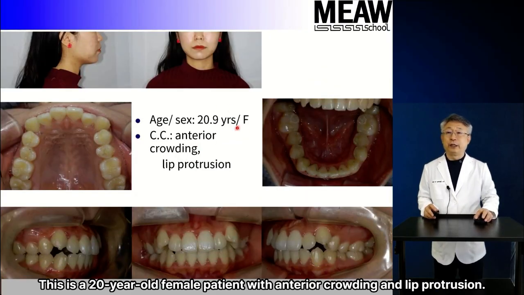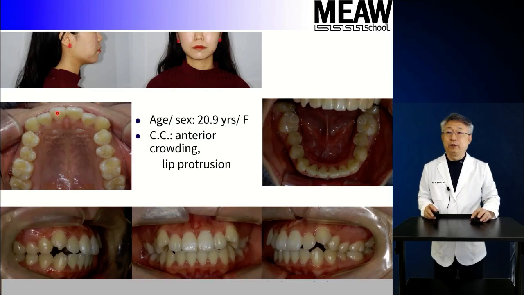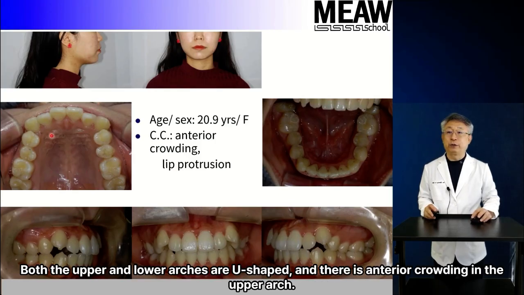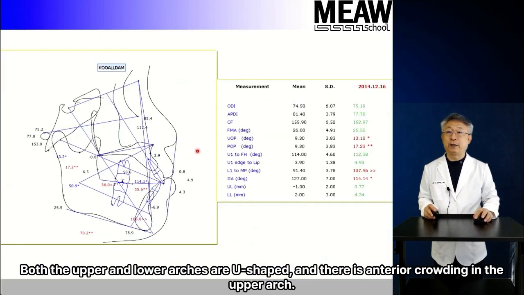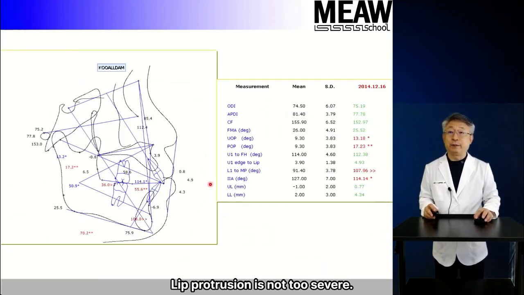This is a 20-year-old female patient with anterior crowding and lip protrusion. The patient had difficulty with closing lips due to protrusion. Both the upper and lower arches are U-shaped, and there is anterior crowding in the upper arch. Lip protrusion is not too severe.